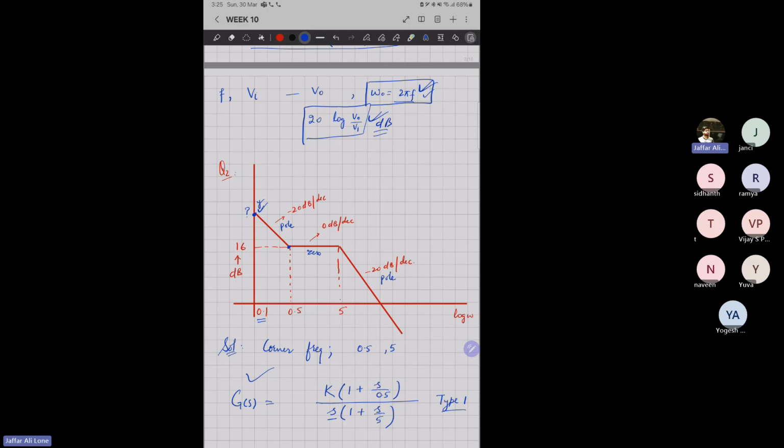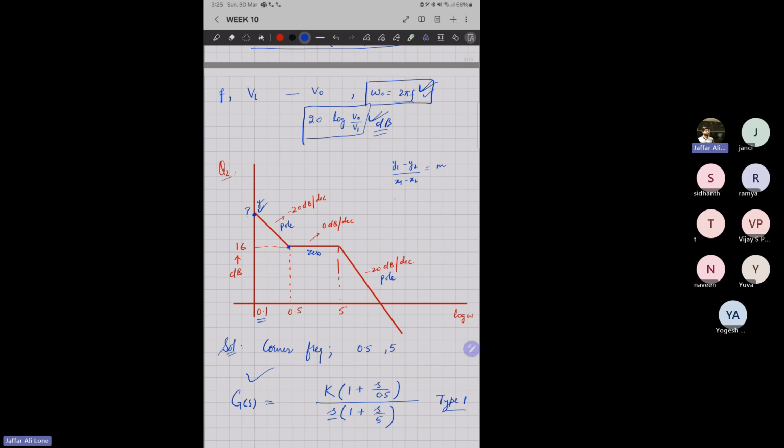So can I write this? This point is 16 and it is y. (y1 minus y2) divided by (x1 minus x2) is equal to m, the slope, right?